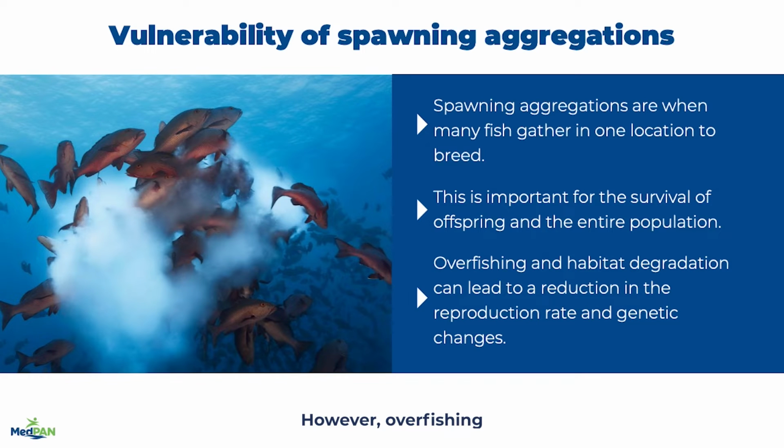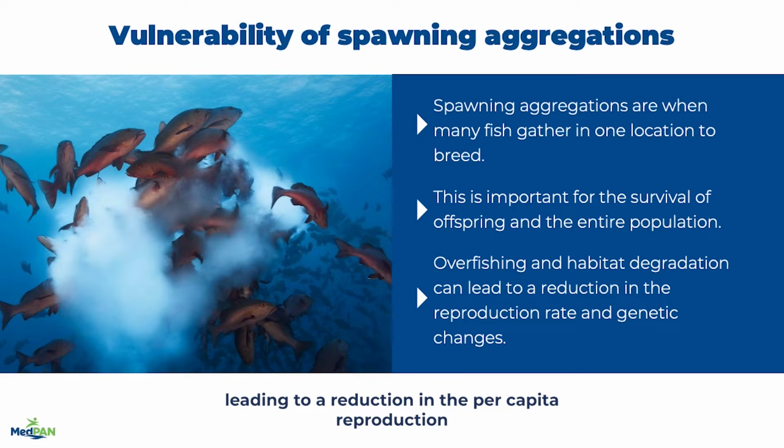However, overfishing and habitat degradation can threaten these aggregations, leading to a reduction in the per capita reproduction rate of fish and making them vulnerable to population declines. Additionally, selective fishing pressure can drive genetic evolution towards smaller body sizes and slower growth rates.